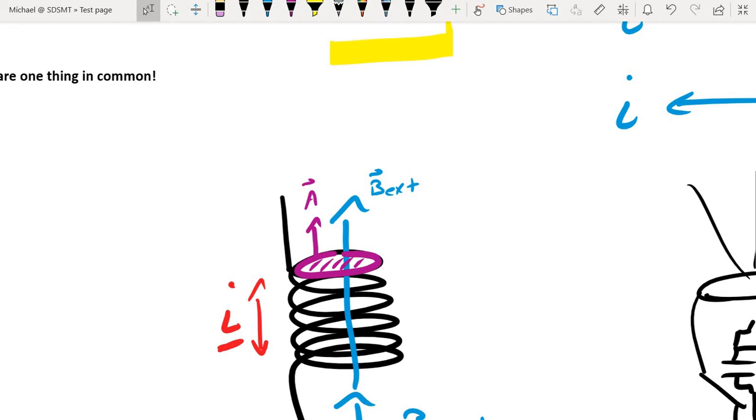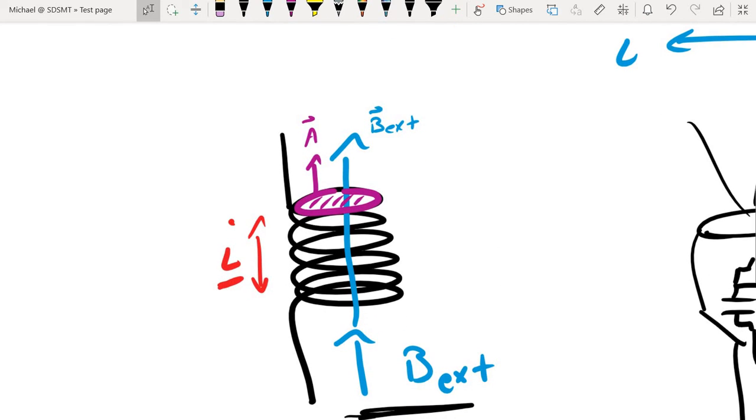So what would happen if we changed the orientation of the magnetic field? What if we changed the direction that that magnetic field was pointing? Well, maybe we have our magnetic field pointing this way.